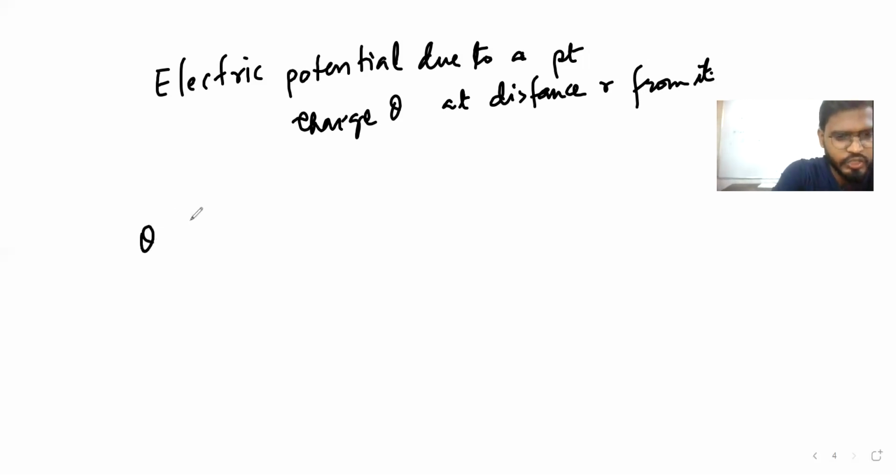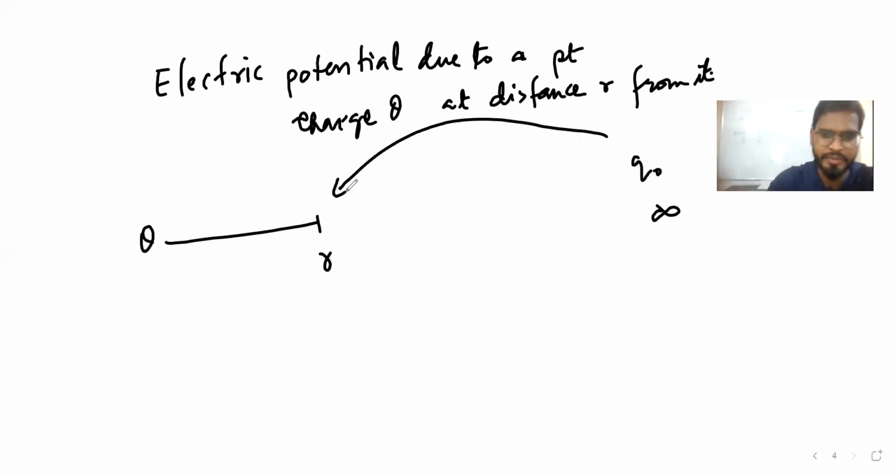So this charge Q is there. We are bringing a test charge from infinity to this point. Let's take R, all the way we are coming here. If you bring this charge from infinity to point R, of course let's take point P, you will have to do some work for sure, right?